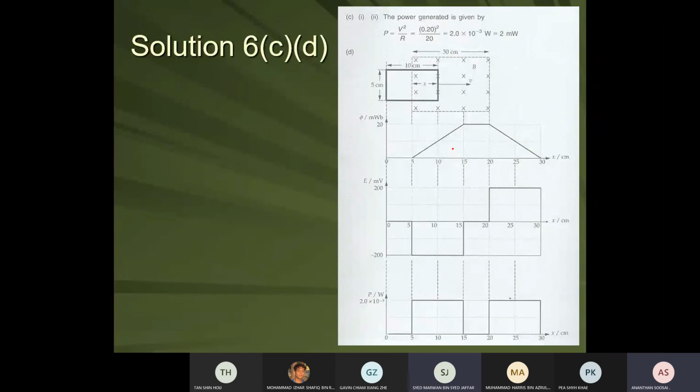Okay, guys, I never told you one thing. How did they get EMF from 5 to 15? Changes in flux over the time, right? How did they get the time? Time they got from the speed, right? Speed times the distance. How long a distance did it travel from 5 to 15? 10 centimeter. So how do you find the time? So v equals distance over time.